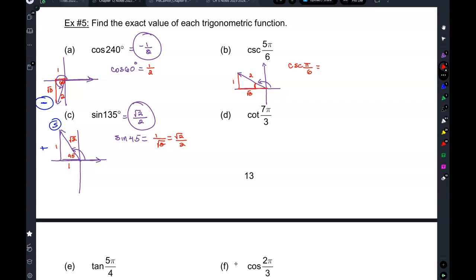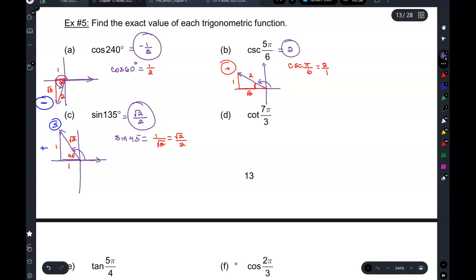Cosecant is hypotenuse over what? Opposite, the other one. So it's 2 over 1. In that quadrant, now we have to figure out is cosecant positive or negative. Cosecant is the reciprocal of sine, so it goes with the sine. Sine is positive, so this is just going to be positive 2.